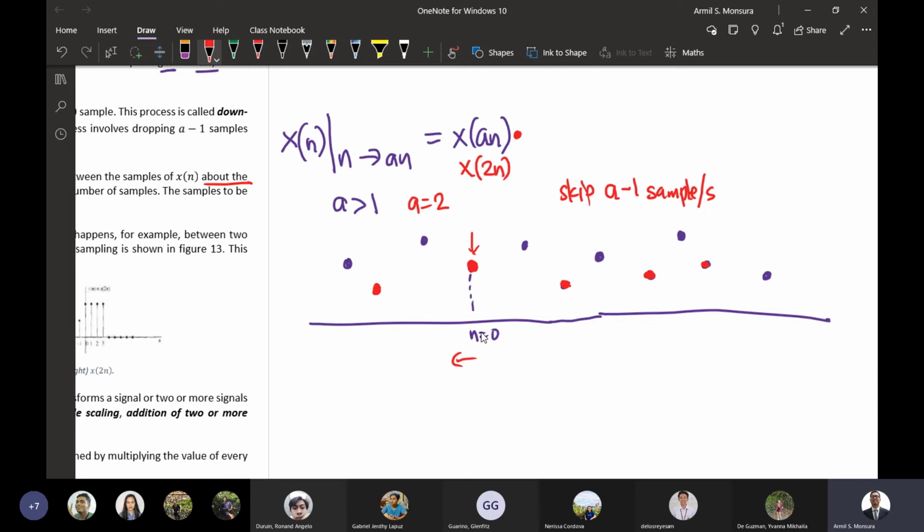Okay? Pero essentially, what happened to your signal in terms of the number of samples? Dun sa manipulated signals niyo, ano nangyari dun sa number of samples niya? Dumami ba or kumonte?